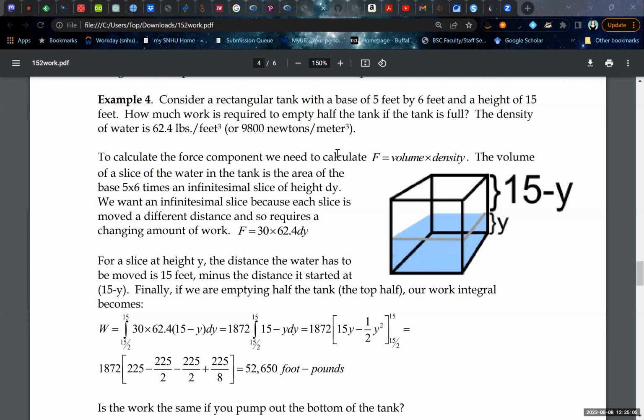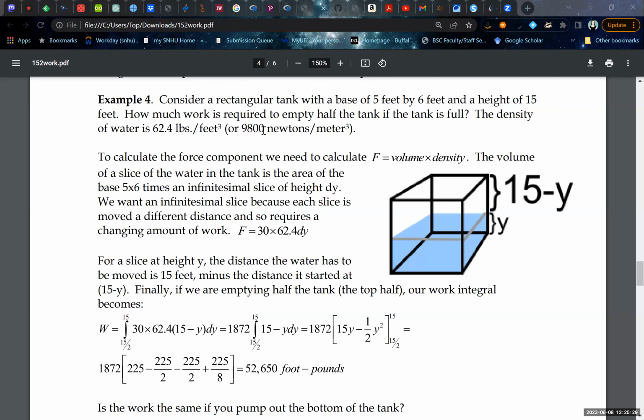The numbers are often rounded to a certain number of significant digits, so 9.8 meters per second squared for gravity and not 9.81 or whatever additional decimals would be more accurate. So you need to use the units that are given in the problem.